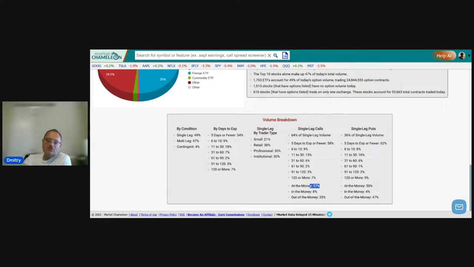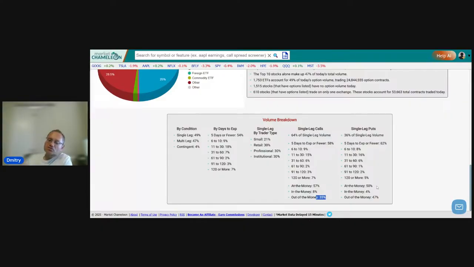So here we see 57% of all the volume in the calls were close to at the money. Right. So at the time of the trade, those options were closer to at the money. 35% of the volume were out of the money.